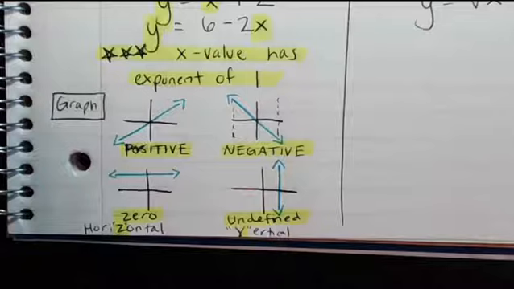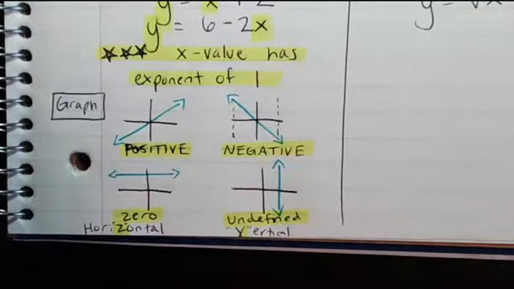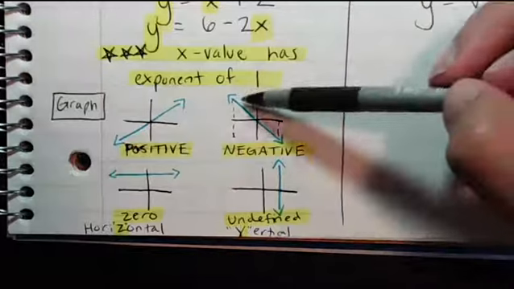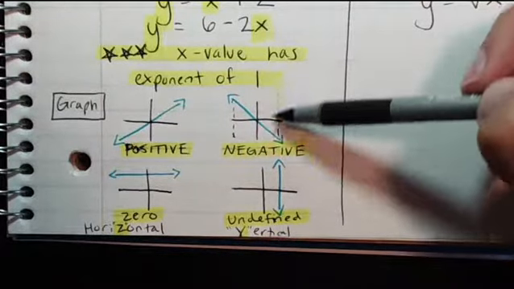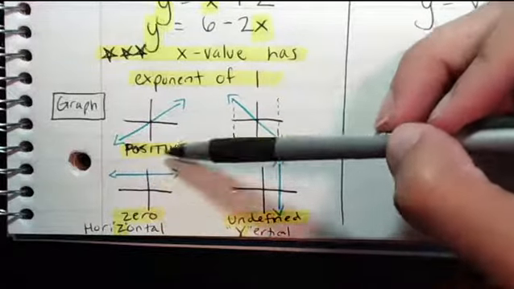Now, trick question. Are all of these functions? Remember, how do you identify a function from a graph? I would be able to use the vertical line test. So this one would be a function. This negative slope, a vertical line through all these points, would be a function. Horizontal, that would also be a function.